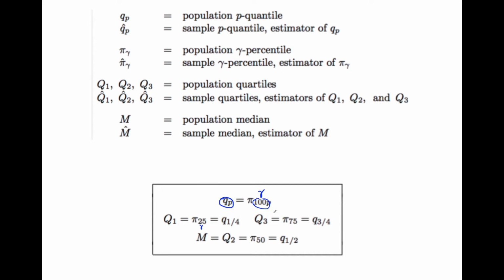And likewise, the third population quartile is the same as the 75th population percentile, which is the same as the 0.75 population quantile. Okay, so this is just to show you some equivalence and relationships between the different ways you can represent values that take a certain place within an ordering of the set of values you can draw from a distribution or that is in the population.